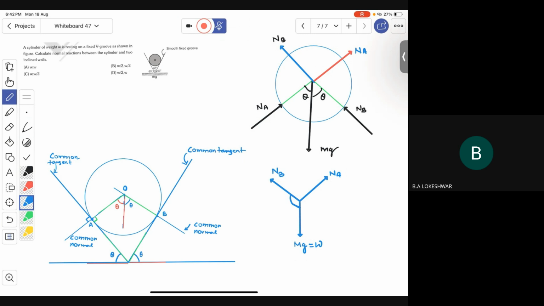How much is this angle? Can you tell me? This angle and this angle. All of you figure it out. Pi minus theta or not? I'm talking about this angle.